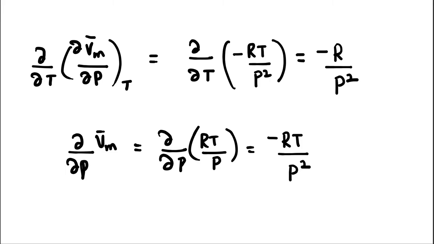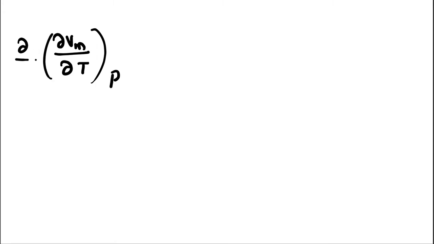Now let's take the second part, the differentiation of this factor, dou T at constant pressure, with respect to pressure. So what is that going to be? We know dVm over dT.